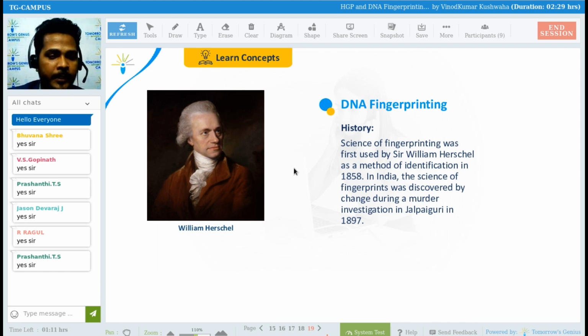How many of you are present? Yes, Prasanti present. Bhuwana Sri present. Sarjana present. So only 3 students present.